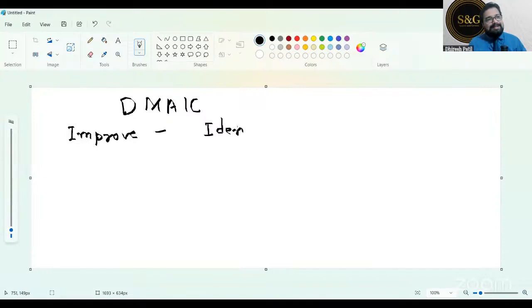Can you give me a couple of solution generation techniques you know of? Type in the chat box. How do we generate the solutions? Before the improve phase, in the analyze phase, we identified the root causes, which are validated with the help of hypothesis testing and regression.